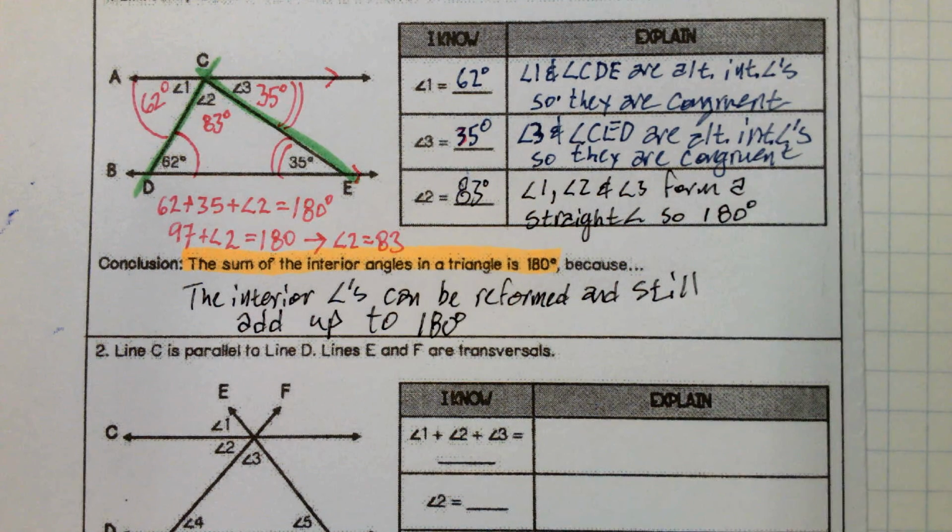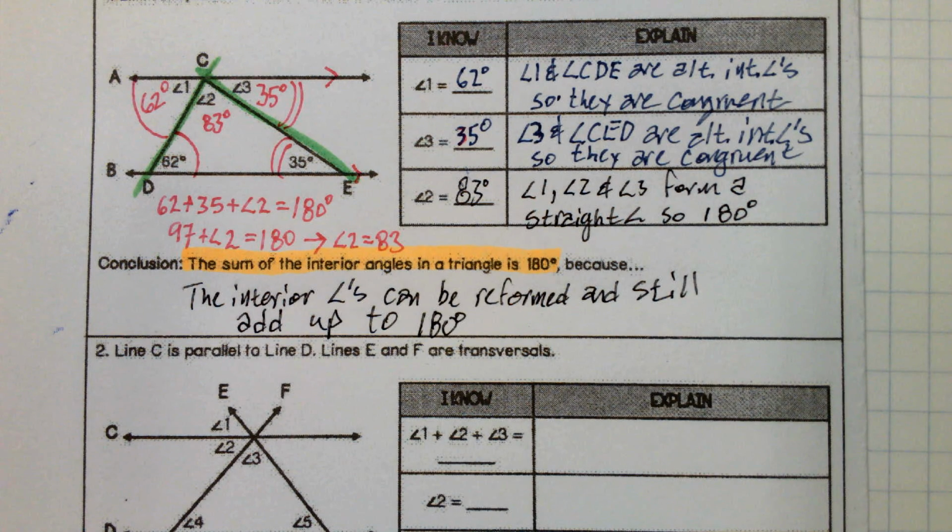Okay? All right. So at this point, let's just assume any triangle, any size, any format, as long as it has three sides, it's a proper triangle, it always adds up to 180.